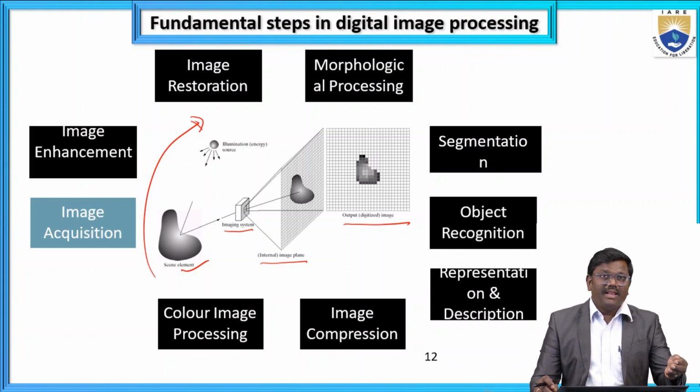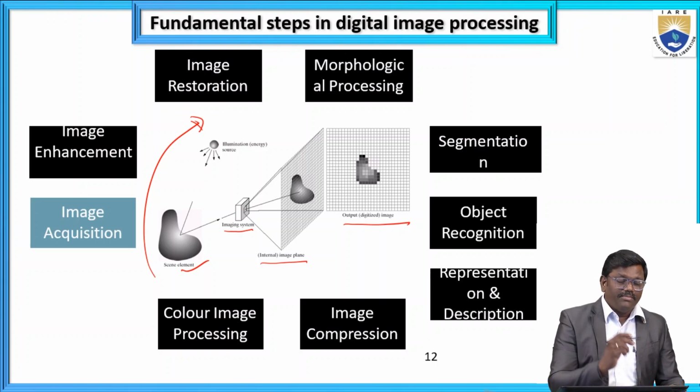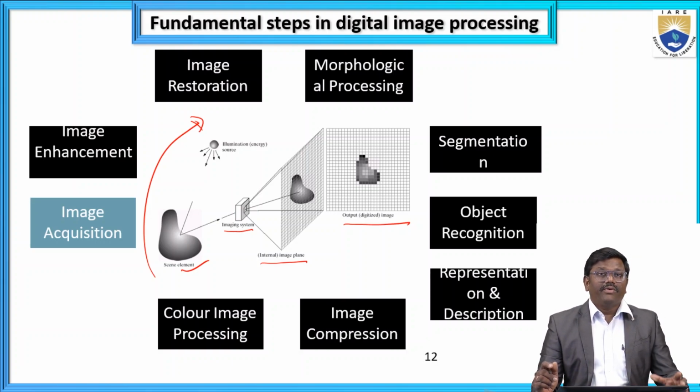As we discussed in the earlier slide, image acquisition can be called the input of an image, and that we need to enhance. We can use image enhancement, and if you want to remove unwanted information, we can use image restoration.